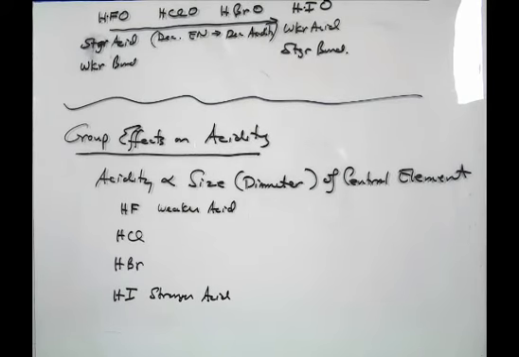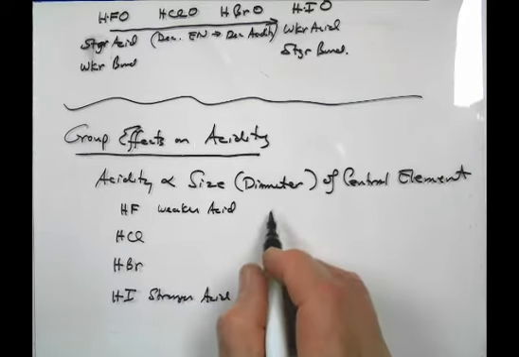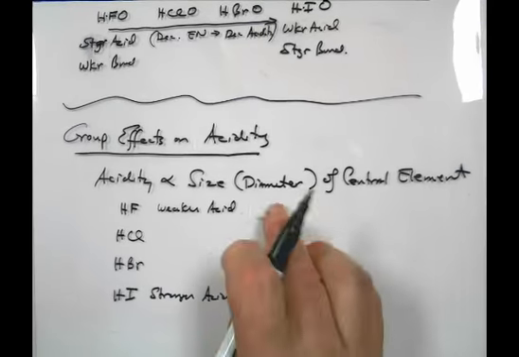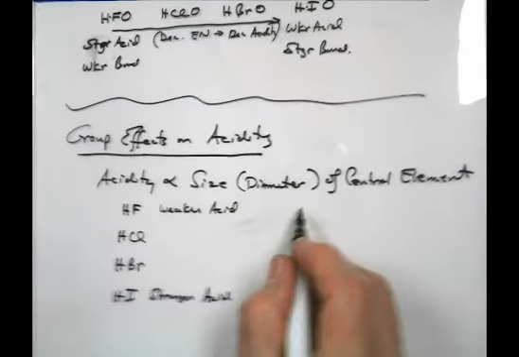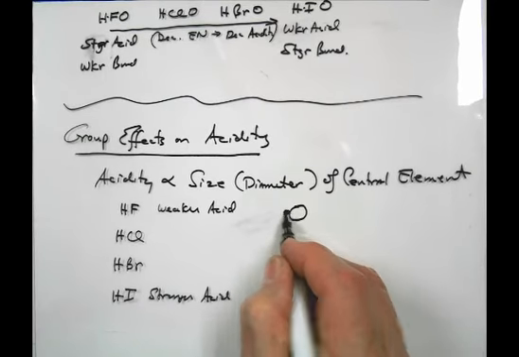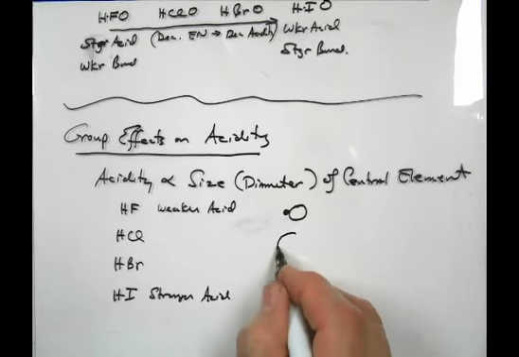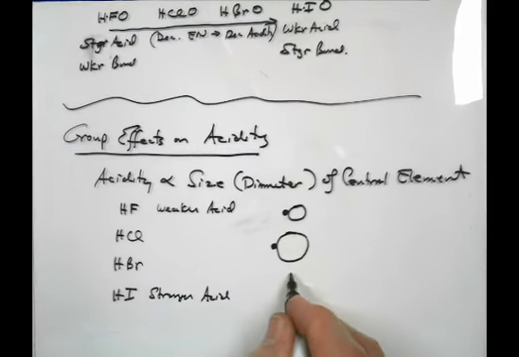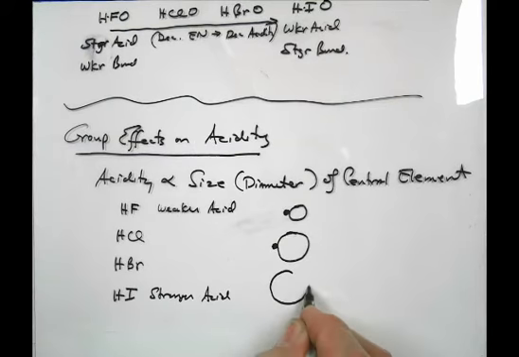Because of size, the electronegative effect acts to hold on to the hydrogen. So if we have a hydrogen, I'm going to do it a different way. Let's see. So here is the fluoride right here in our hydrogen. Here is the chloride right here. Here is the bromide.